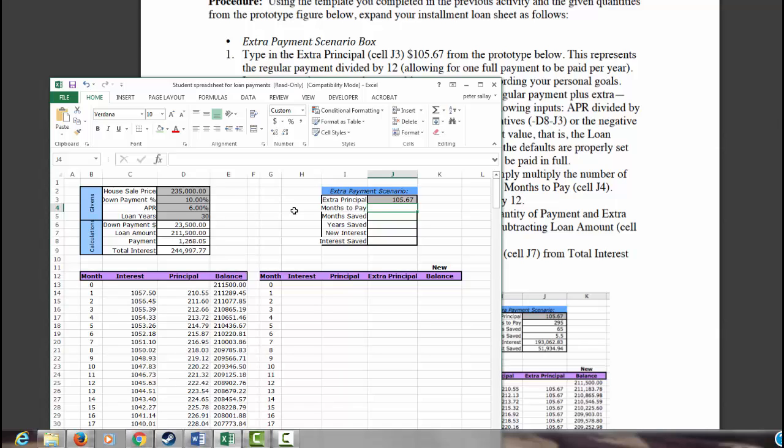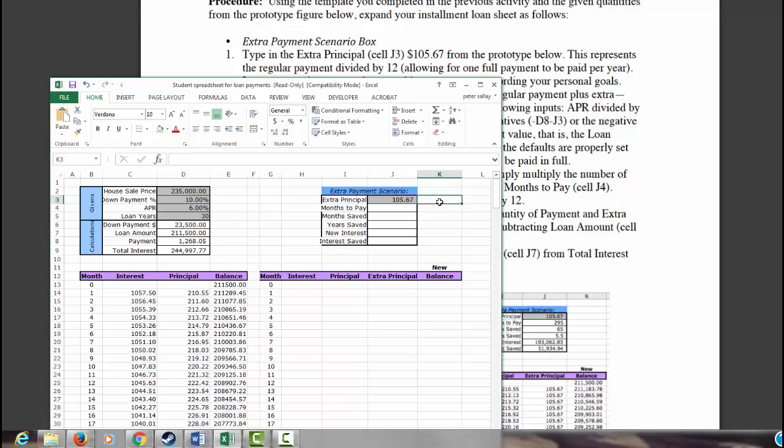And what this represents, in case you're wondering why you would do that, let me show you off to the side what I did. If that's my payment each month, let me take that and divide it by 12. So if I just add an extra 105 every month, in a year I will have paid an extra house payment.